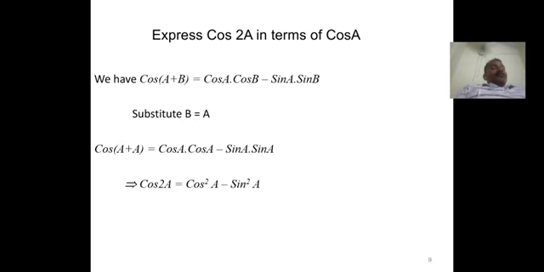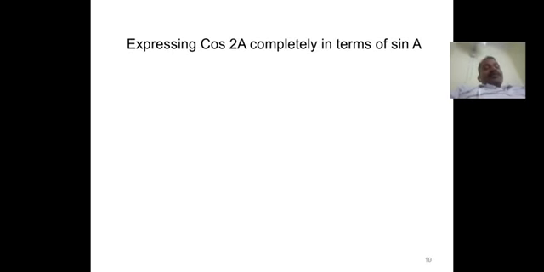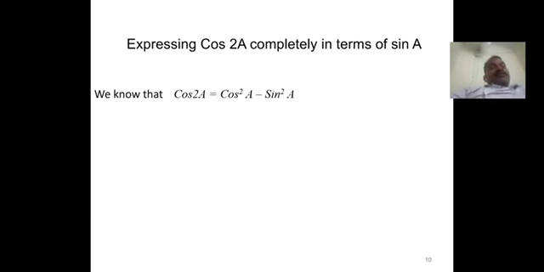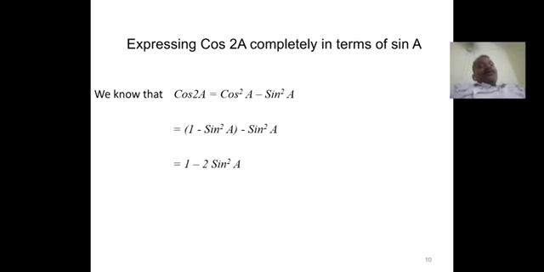If we want to write in terms of cos, replace sin square as 1 minus cos square. If we want to write in terms of sin, replace cos square with 1 minus sin square. So you can get cos 2a equal to cos square a minus sin square a. This cos square a you can write as 1 minus sin square a. So 1 minus 2 sin square a is one of the formulas for cos 2a.